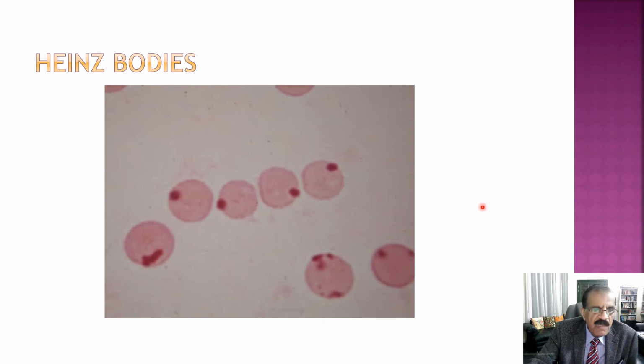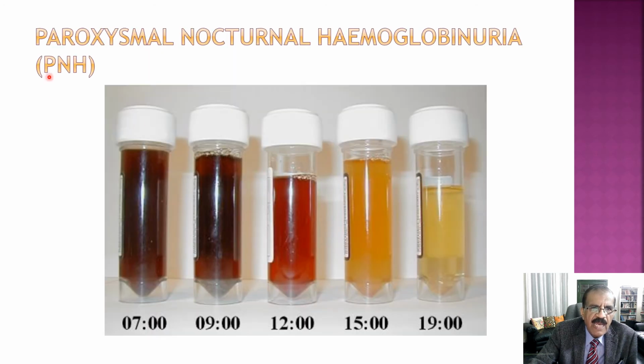Now some morphologies are very characteristic, like Heinz bodies present in people with G6PD deficiency, and paroxysmal nocturnal hemoglobinuria. Patients somehow develop hemolysis at night.